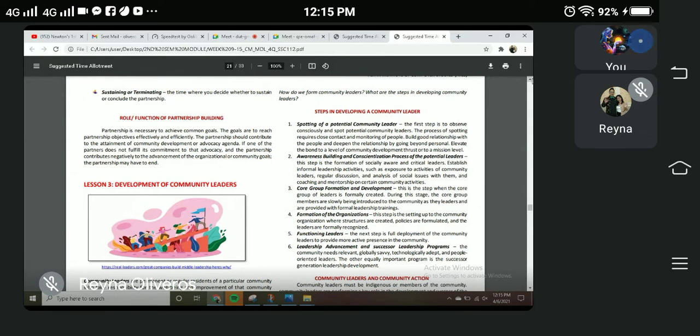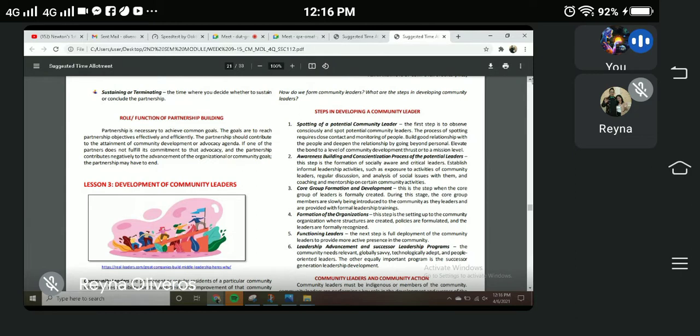The process of spotting requires close contact and monitoring of people, and build good relationship with the people, and deepen the relationship by going beyond personal. Next, number 2 is awareness building and conscientization process of potential leaders.